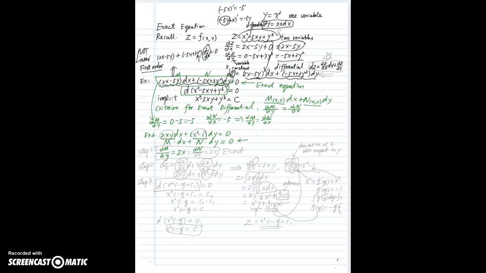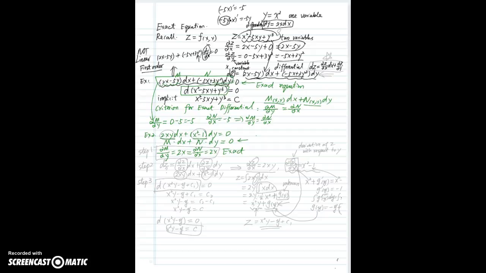Okay, so if we recall the formula, it is right here. So let me rewrite the formula. If we have a two variable function z, the differential of z is partial z over partial x times dx plus partial z over partial y times dy. So if we compare the left side, let me copy down the left side, 2xy dx plus (x squared minus y) dy.